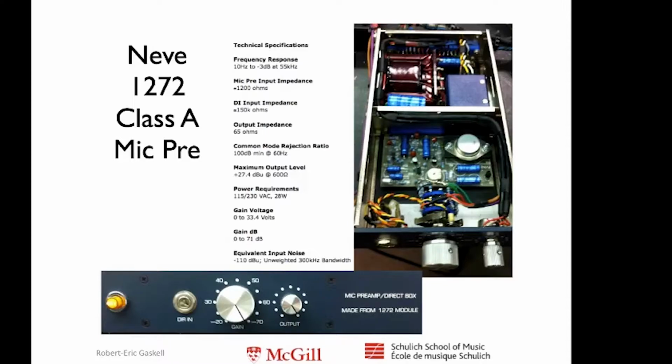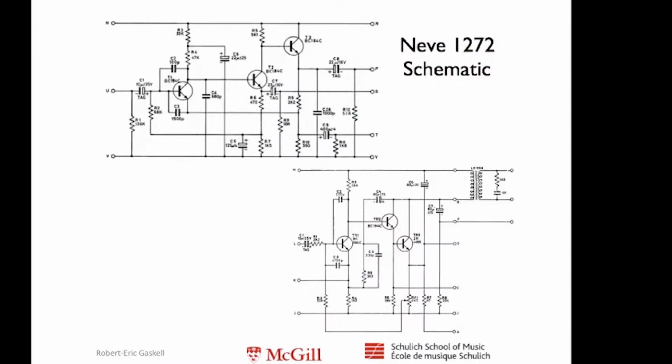So there's a bunch of other specs here. I'll gloss over it for now. But one thing that will be important as the talk goes on is the input impedance, which for this particular mic pre is 1200 ohms. That's nominal, generally taken at 1 kilohertz. All right, let's go to the next one.